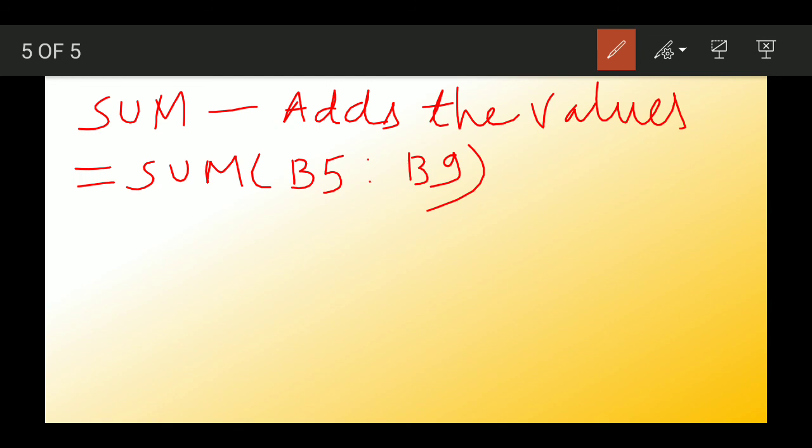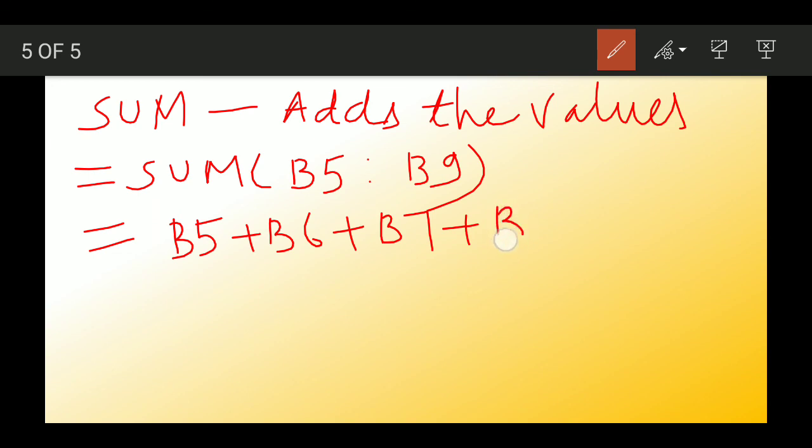In the case of a formula, we wrote it down like this, equal to B5 plus B6 plus B7 plus B8 plus B9. Okay. Now we have written only two values in the function.